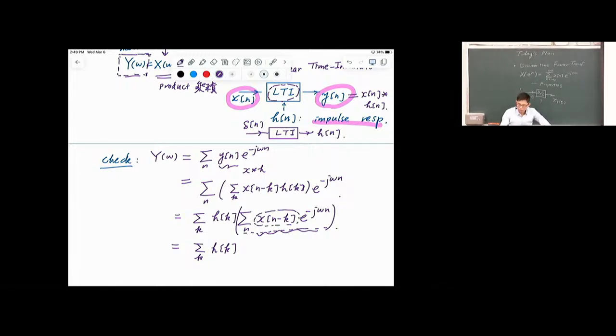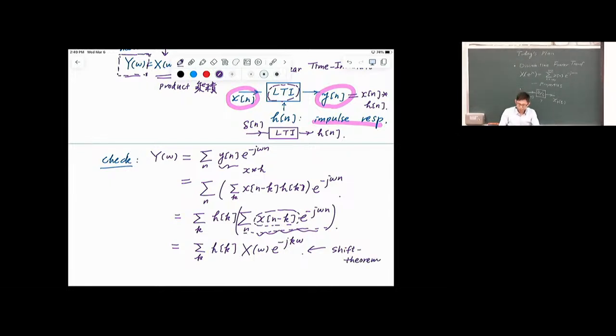So the result should be X of omega, but with a new linear phase shift term. And this is because of the shift theorem.